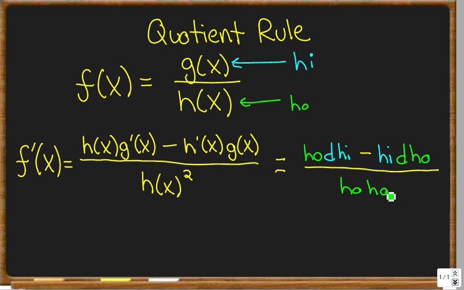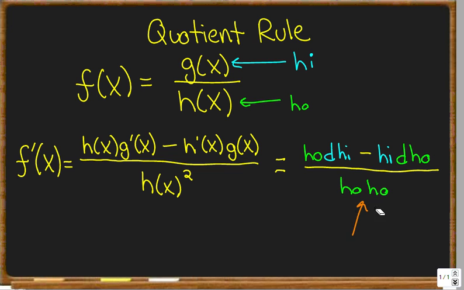So the way that you can remember this rule is just this simple little yodel kind of thing, I guess, which is ho d high less hi d ho over ho ho. Okay, so ho d high less hi d ho over ho ho.